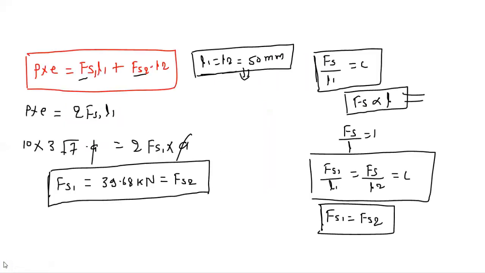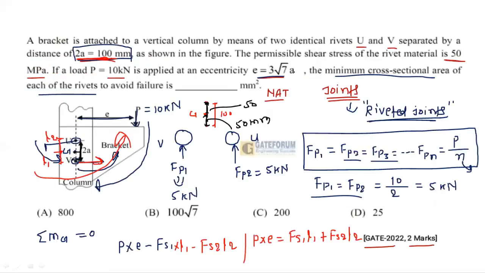See, the most important thing given in the question: the permissible shear stress of the rivet material is 50 megapascal. That means tau of the permissible or material is given as 50, not kilo, 50 megapascal. That means the material of the rivet cannot withstand more than 50 megapascal of shear stress.